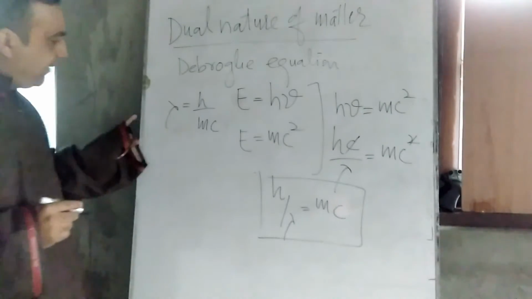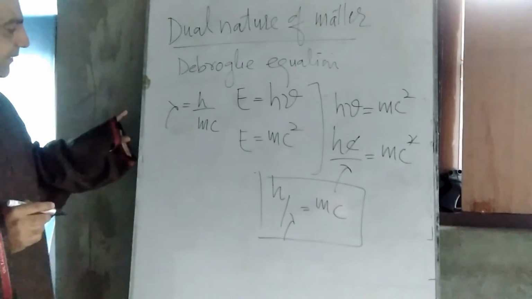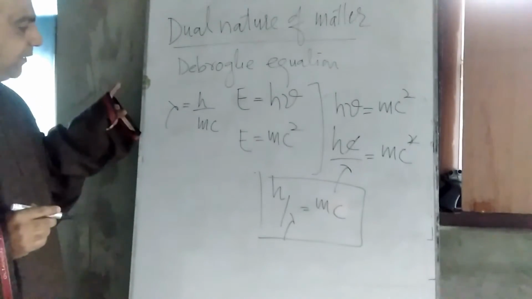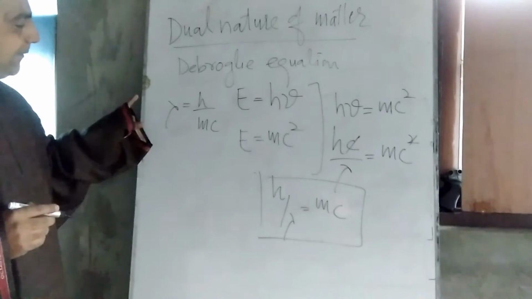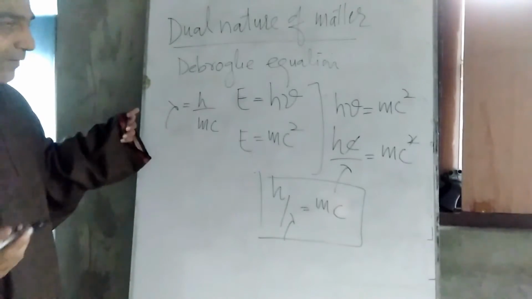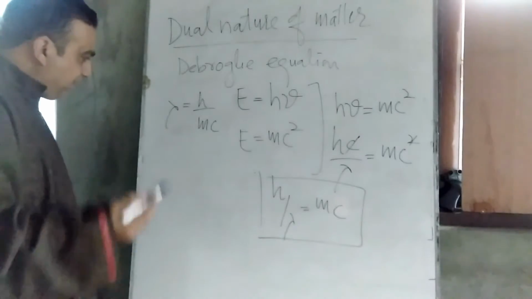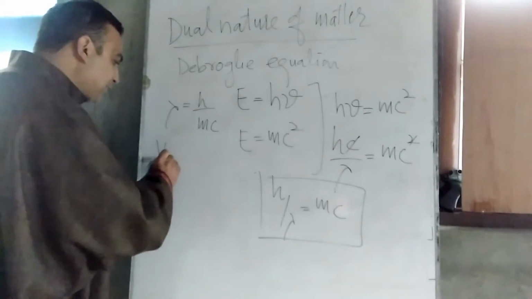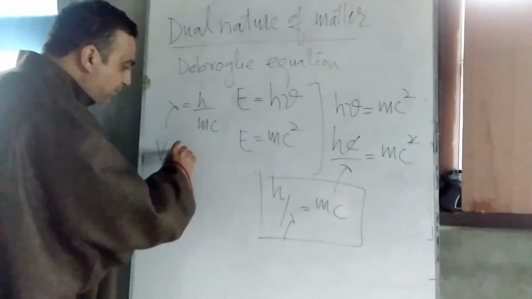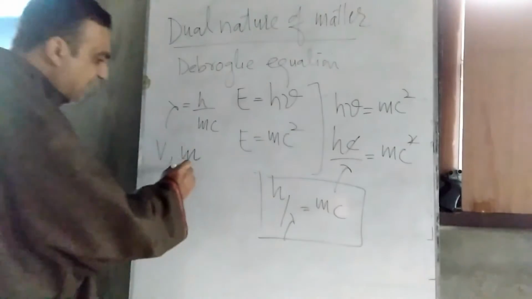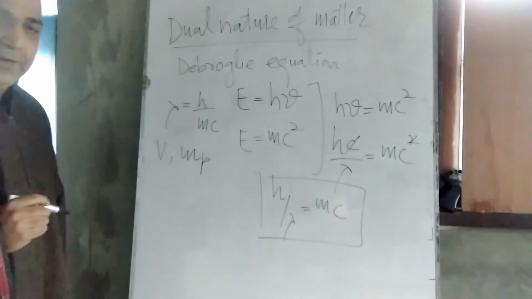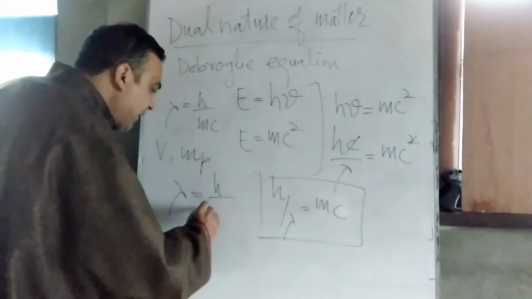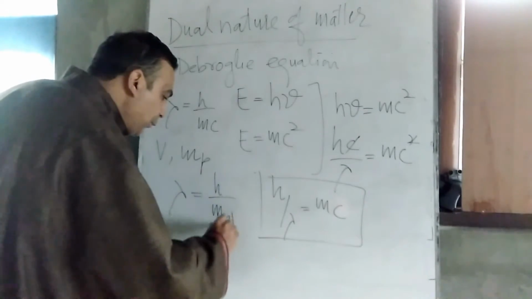So if we take this photon and replace it by a moving microscopic particle, and let the speed of the particle be v, and let m be the mass of that particle. Okay, let me write mass of that particle as mp. So in that case, lambda will be h by mpv.